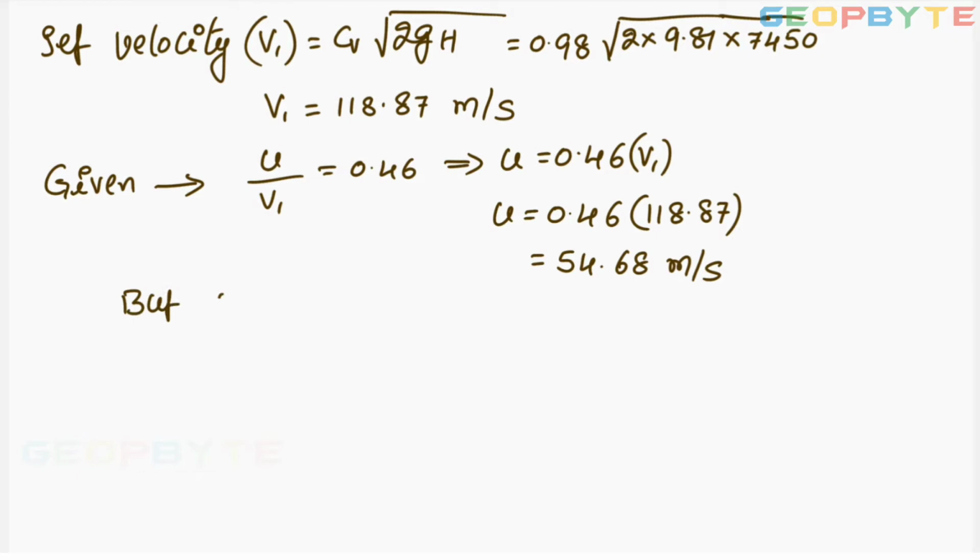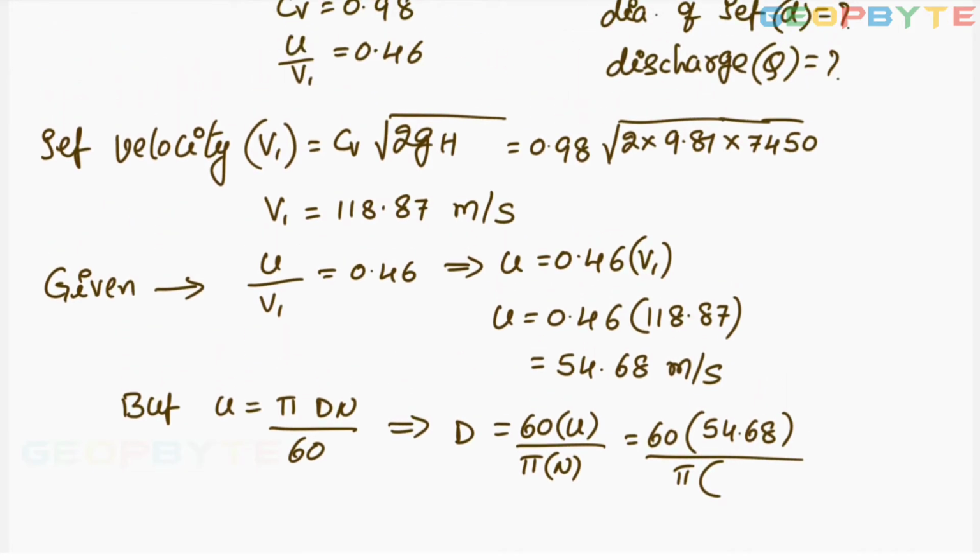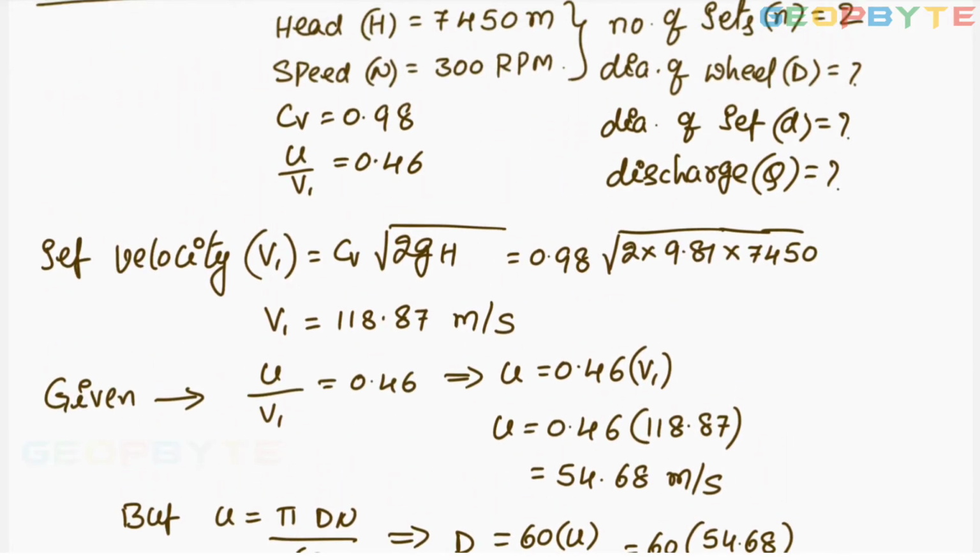But U equal to pi D N by 60. From this, the wheel diameter D equal to 60 into U by pi N. 60 into 54.68 divided by pi into N. N how much is it given? 300 rpm.